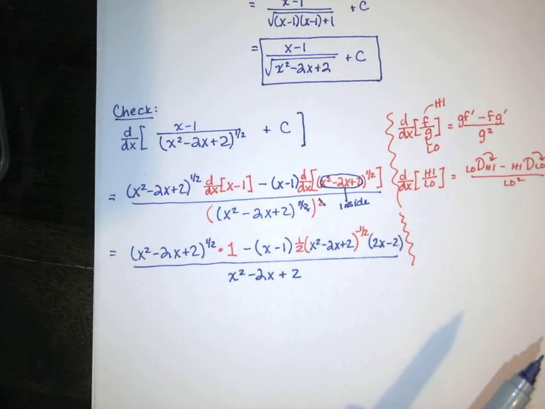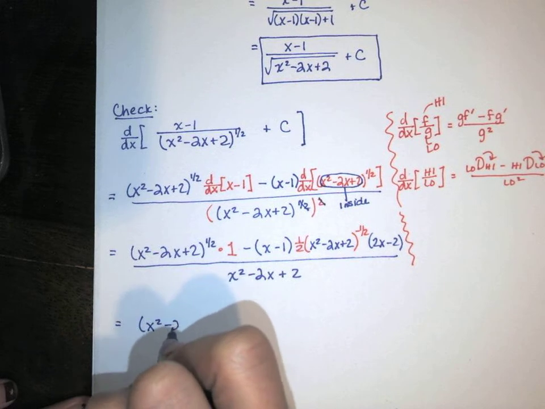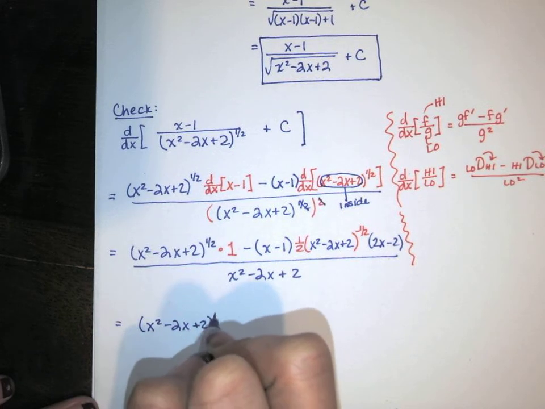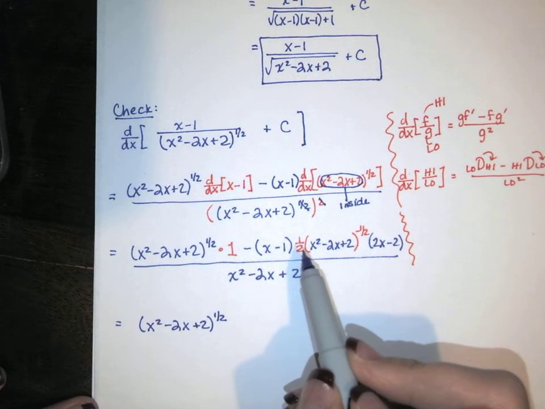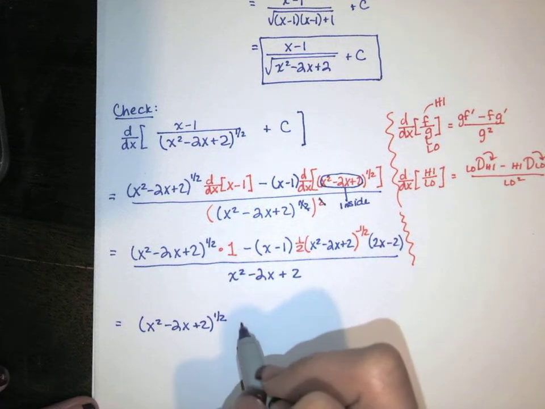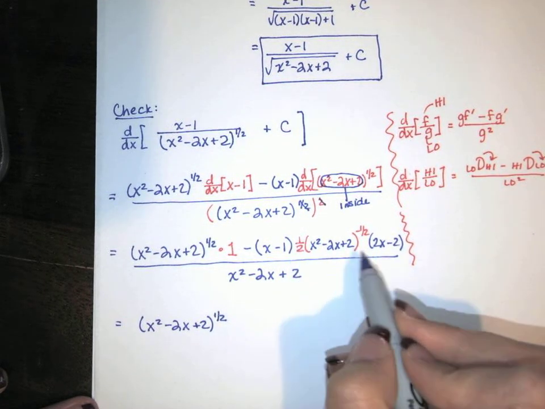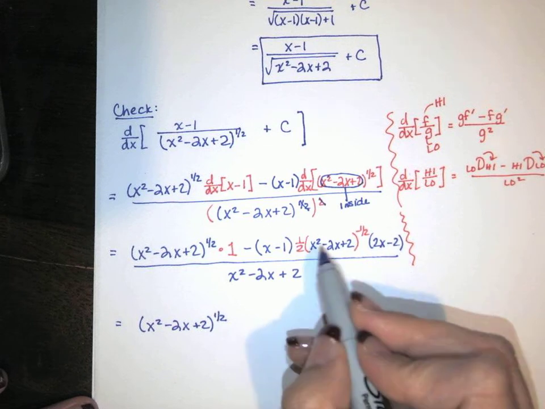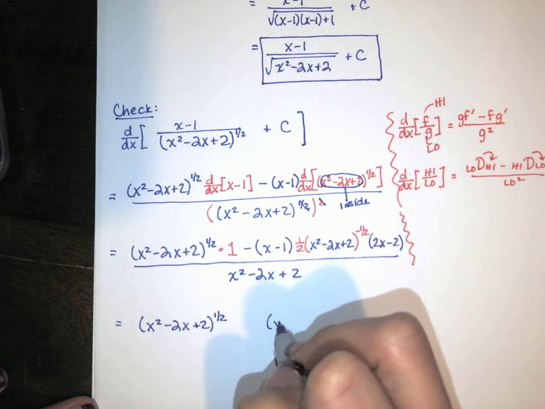So let's see what we can do. All right, so I've got x squared minus 2x plus 2 all to the 1/2. And then over here I've got this times this times this times this. Well, the 1/2 times this, if I distribute, 1/2 times 2x minus 2 is 1/2 times 2x, which is x.